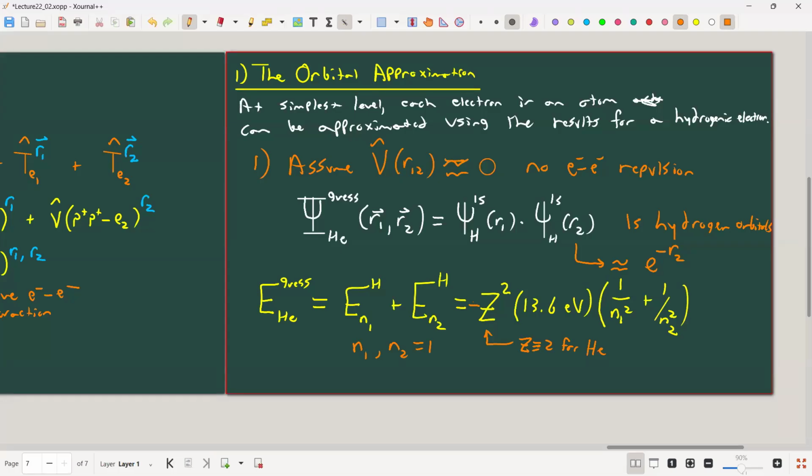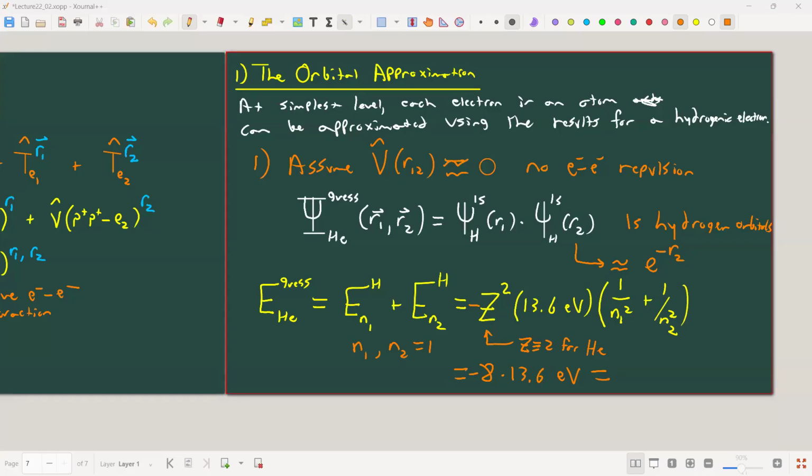So it's 8 times 13.6 eV. Z is 2, so 2 squared is 4, and then another factor of 2, so it's 8.